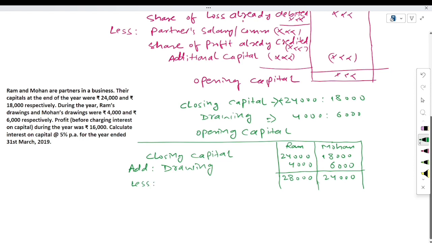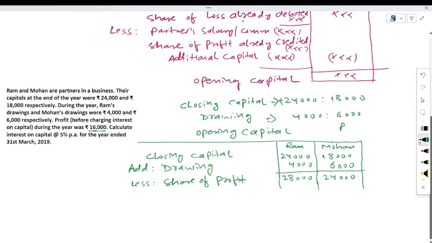So we will write here less share of profit. How much profit amount? Profit amount is given here, 16,000. The profit sharing ratio is not mentioned in the question. As you know that if in a partnership profit sharing ratio is not given, then what we will do? We will distribute this profit into the equal ratio.